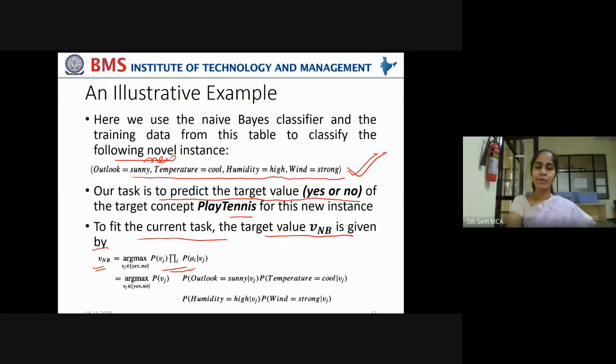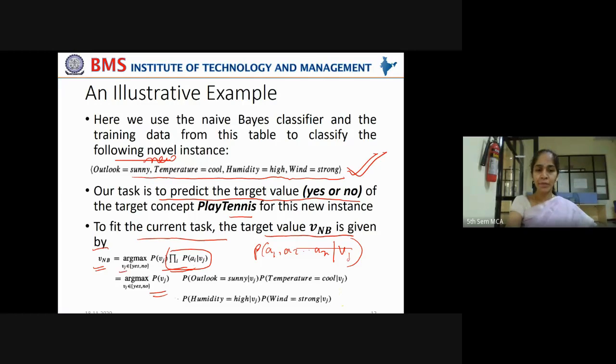By using the product rule, we have substituted the probability of a1, a2 and so on up to an given vj. We represented it by using the product rule: the product of the probability of each of these attributes appearing with the outcome variable. Now, into this formula, you just substitute all the values given in the new instance.